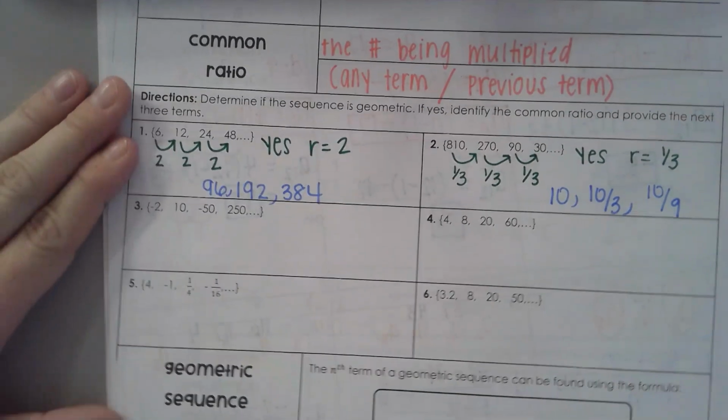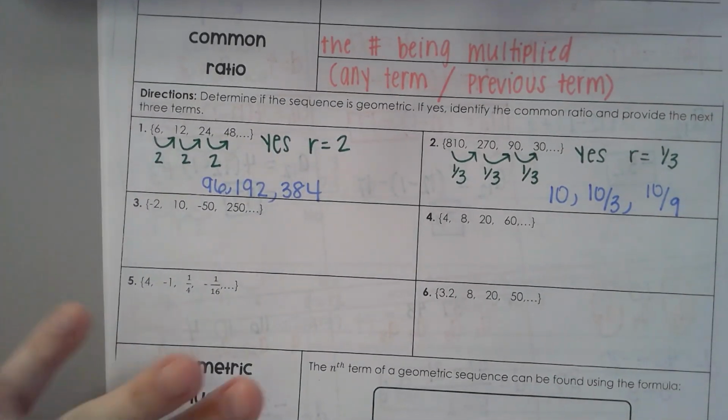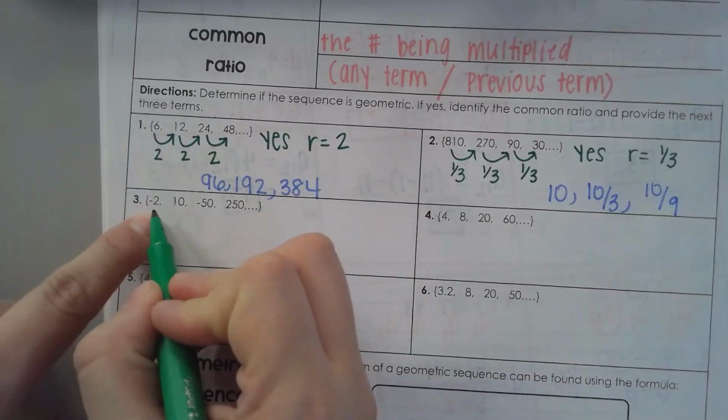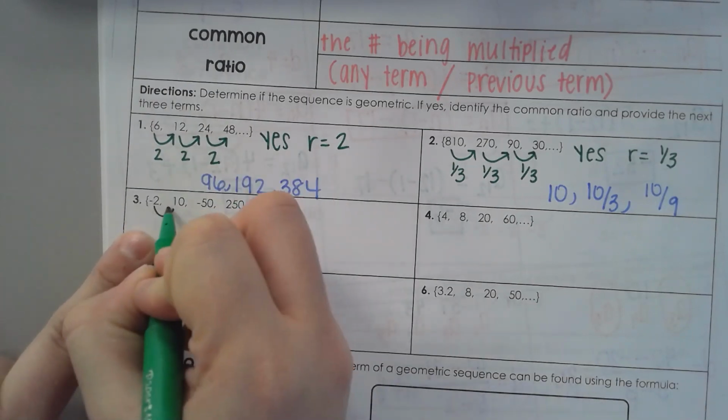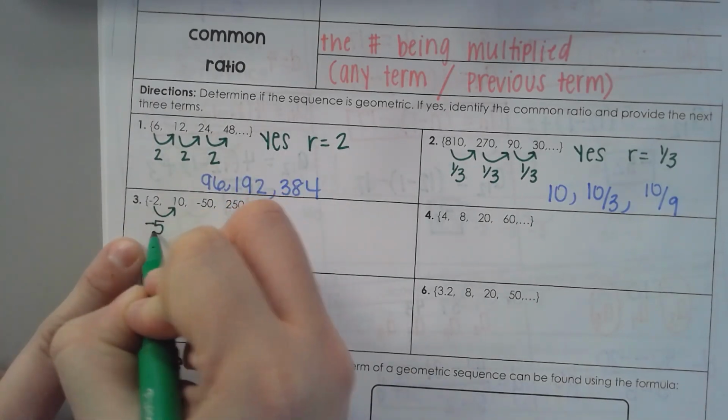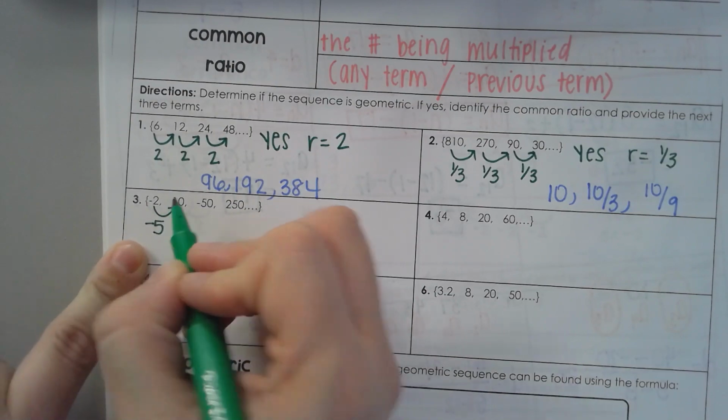Let's look at number 3. Do you know what's being multiplied? Any ideas? It is -5, yep. -2 times -5 is +10.